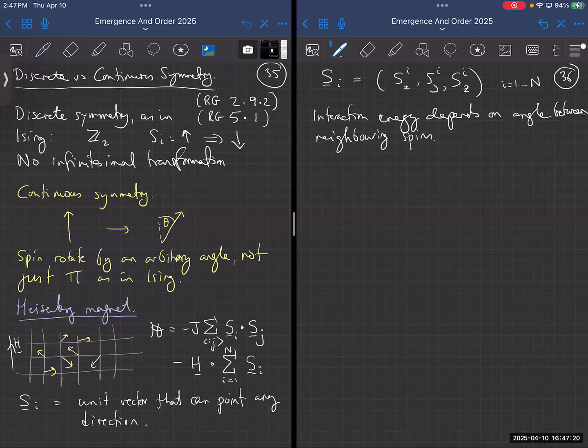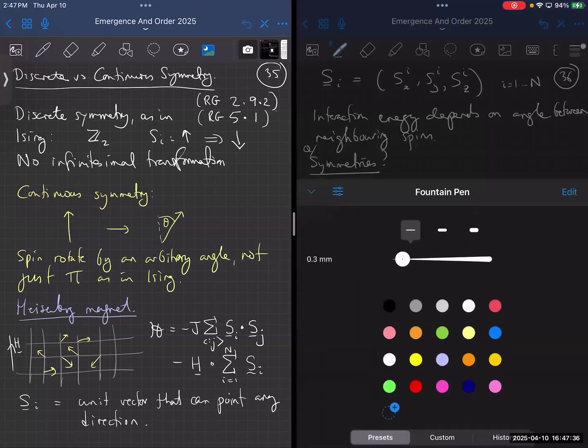So now we want to ask, well, what are the symmetries of this? That's the next question. And when we wrote down the Ising model, we saw that it had the spin flip symmetry, the Z2 symmetry. But here you can see that we have a very different kind of symmetry.